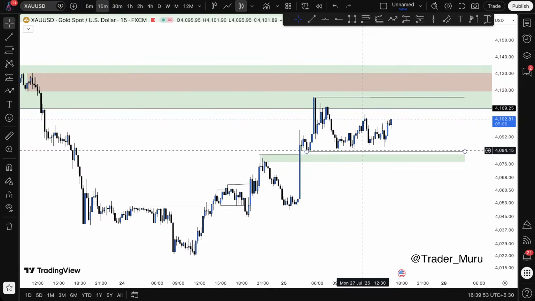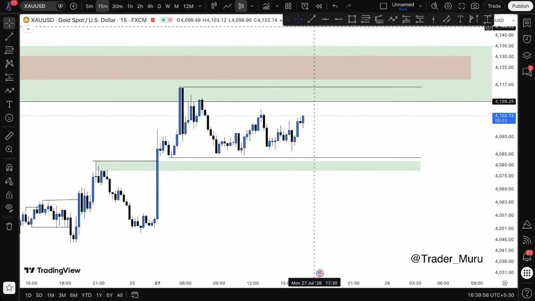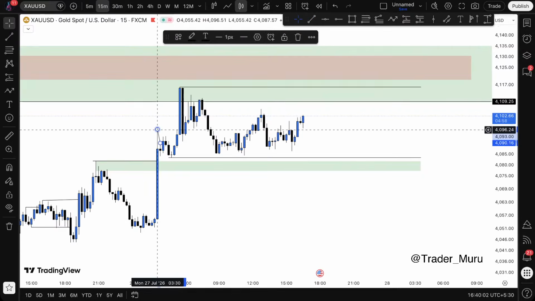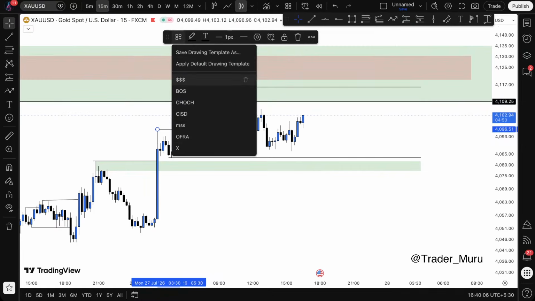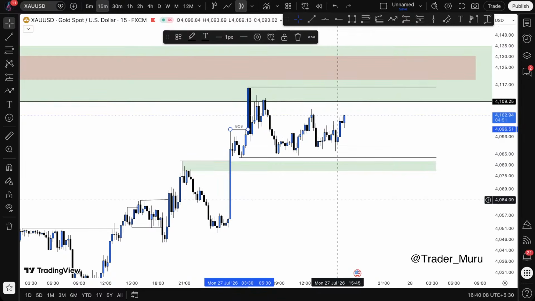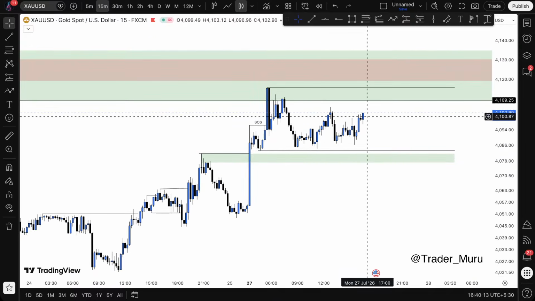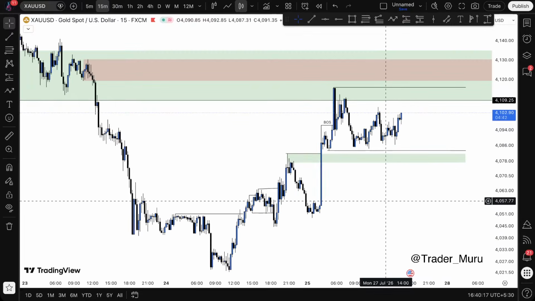We have the same structure here, and a breakout structure. So if price sweeps the equal lows and reclaims it, you can watch for a buy opportunity.